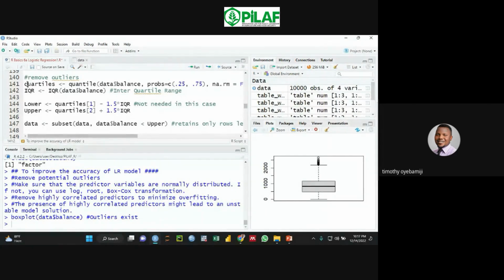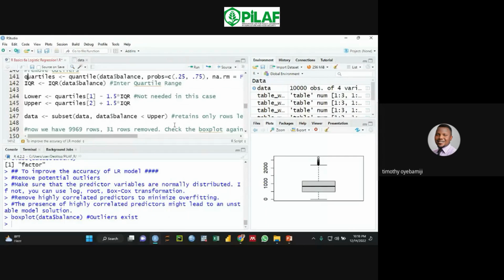For the quartiles, this is 25%, this is the 50th, the median, and then the 75%. We want to get these points. When we ran summary for the whole data set, it gave us these values, but let's see how we can call it out ourselves, then use it to filter out those that are higher than these points.